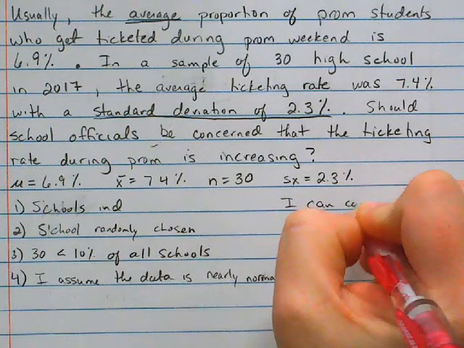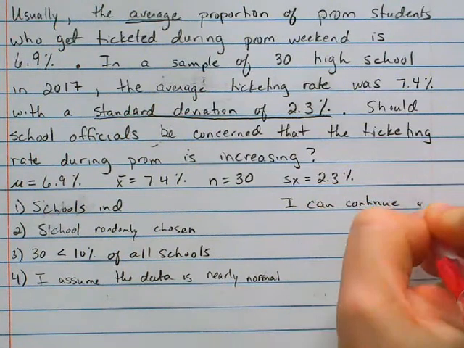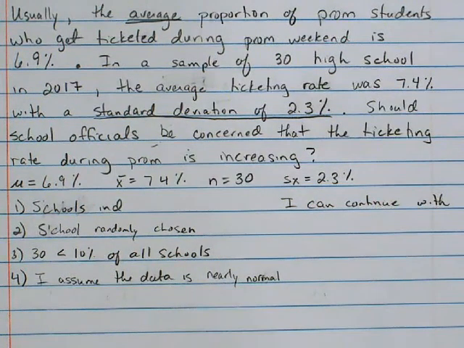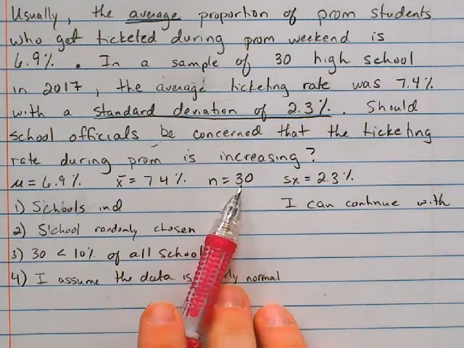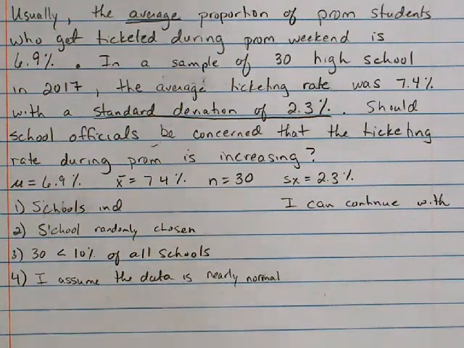Now here's where it gets fun. Which N are you going to use? See, I got you. N is 30. N doesn't change. Which mu are you going to use? Well, obviously you're going to use both of them, right? But which one goes for our normal model?